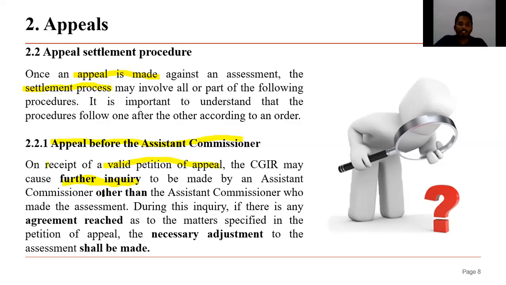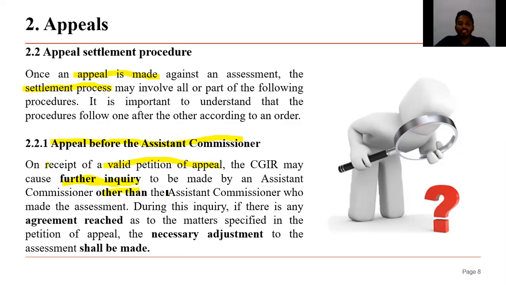Normally, the assistant commissioner who issued the assessment will not come into the appeal hearing process from the beginning. Any other person in the appeal hearing division will start the appeal hearing process.